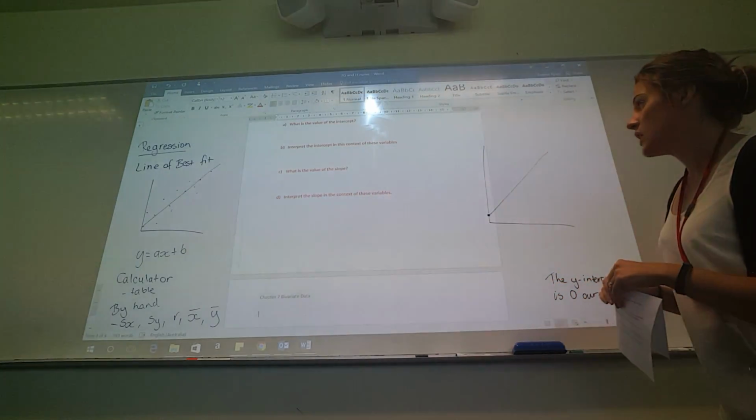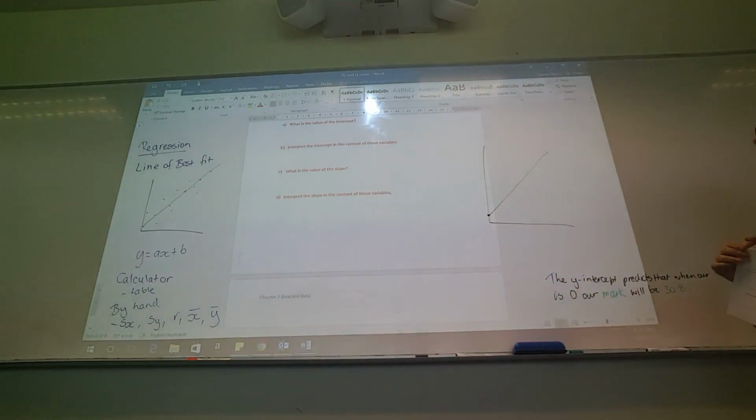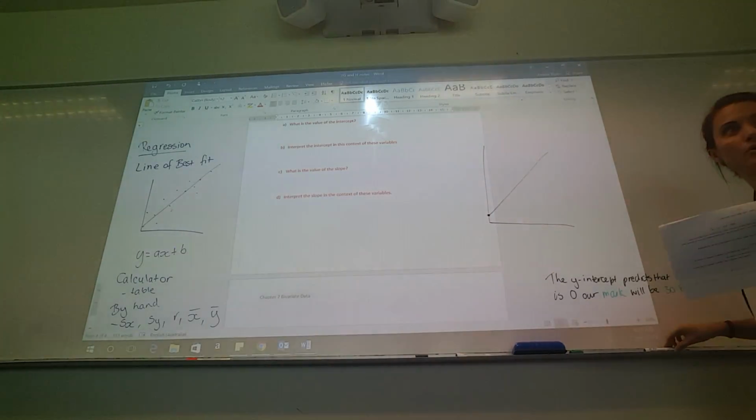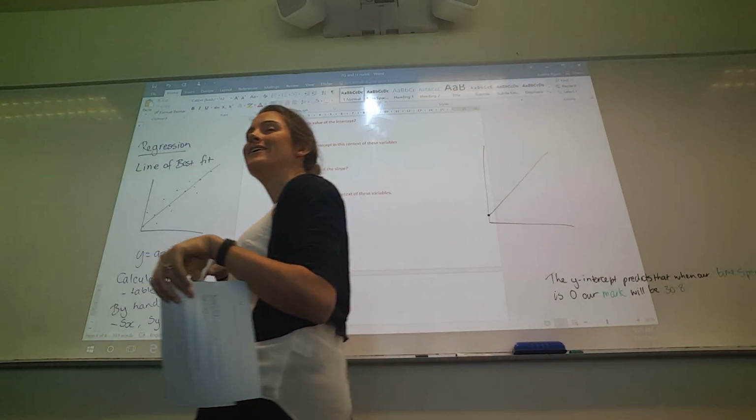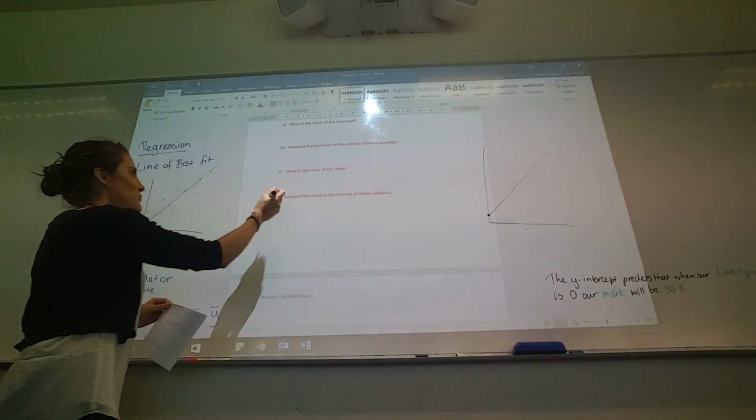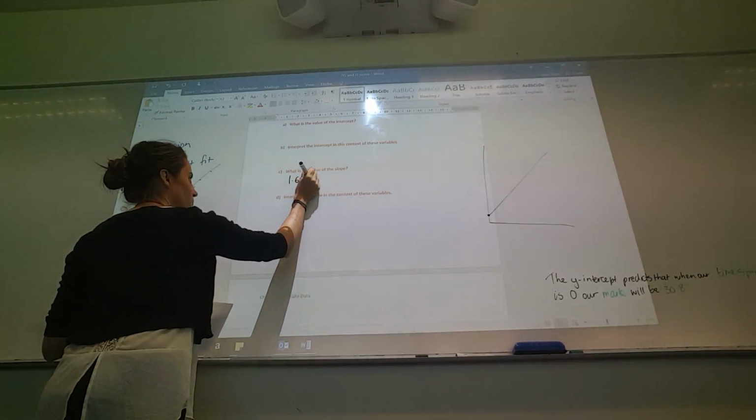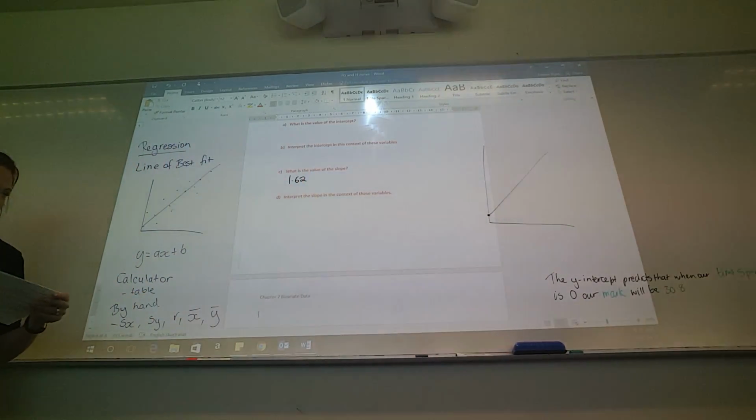Okay, so now we are looking at the slope. So what is the value of the slope? Yep, 1.62. So what does this mean?